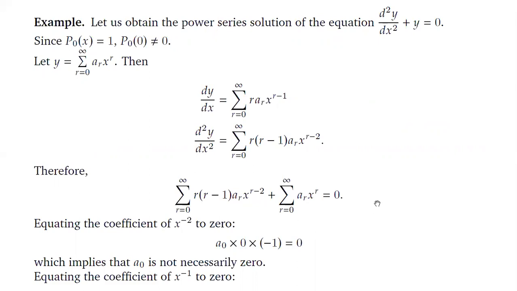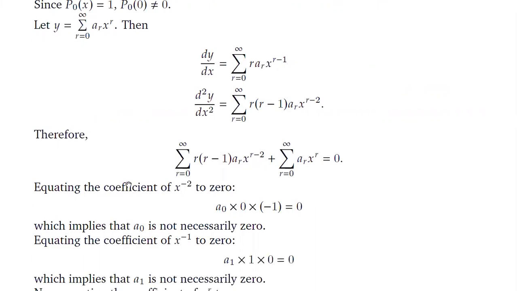So first of all, you have to find the value of a0. To get the value of a0, we have to equate the least power term of x to 0. The least power term of x here will be, when you put r equal to 0, x power minus 2. So we have to equate the coefficient of x power minus 2 to 0.